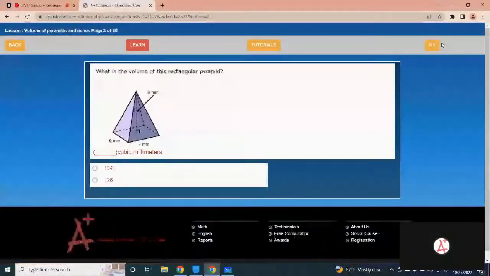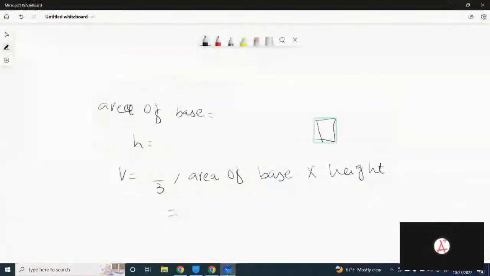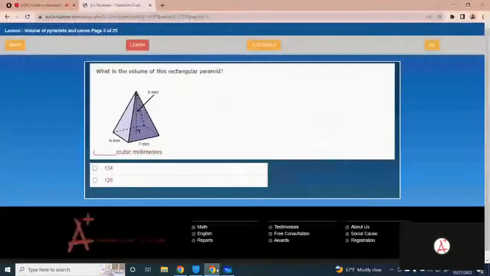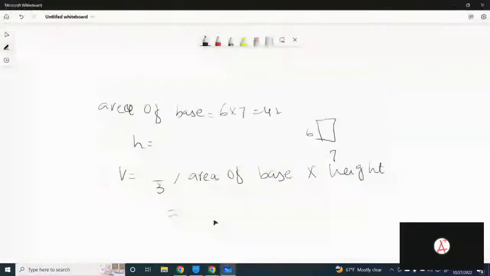The next one is, what is the volume of the rectangular pyramid? The base is 7 and 6. So area of the base is 6 times 7, it would be 42. And the height is 9. So you have to use the same formula, 1 by 3 times the area of base times height.